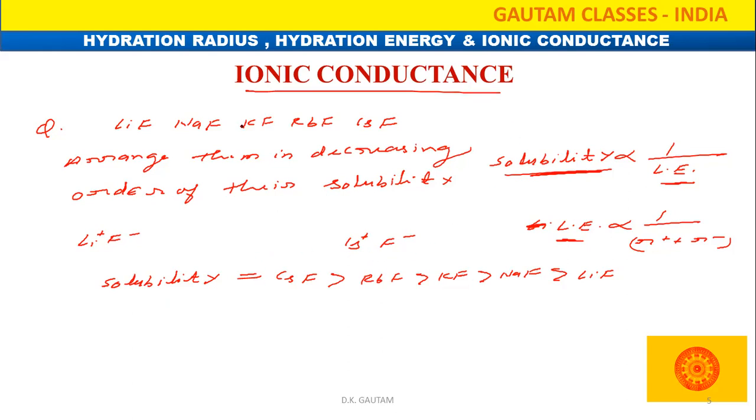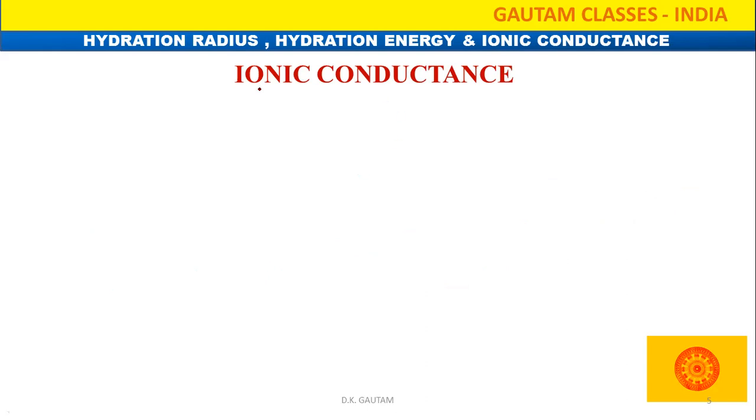After that, I will explain this point. So the next thing coming here is ionic conductance. You know what ionic conductance is? We are going to discuss ionic conductance in two forms.